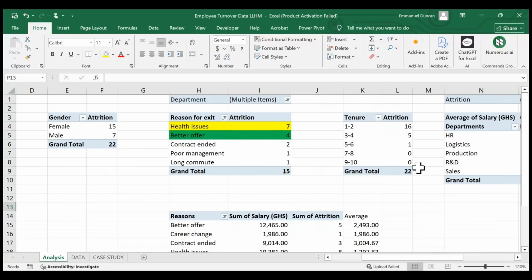With the tenure, we were also able to determine that there is this sign of early attrition, that most of the people that have left are people that have been with the company for less than 2 years.